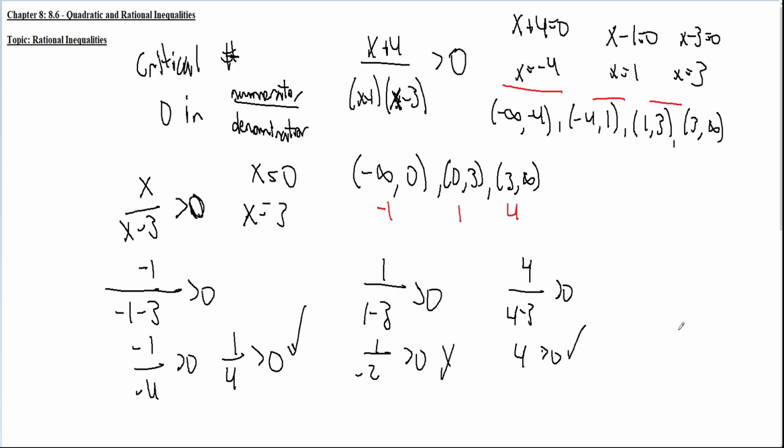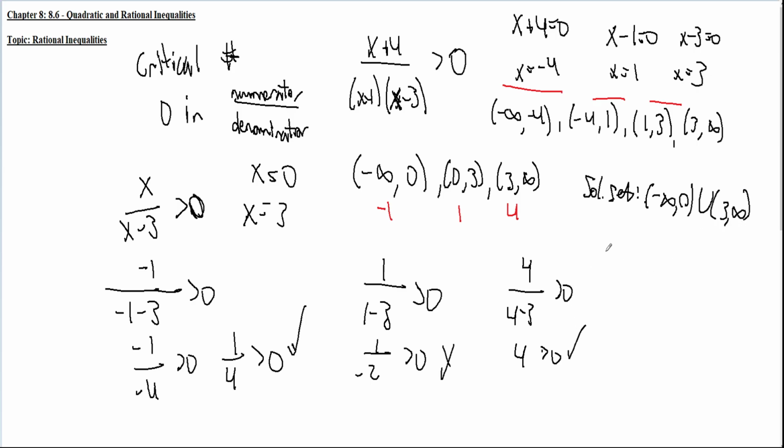And so, since we're only good for 2 of our intervals, we can construct our solution set. So our solution set will run from negative infinity to 0 in union with 3 comma infinity.